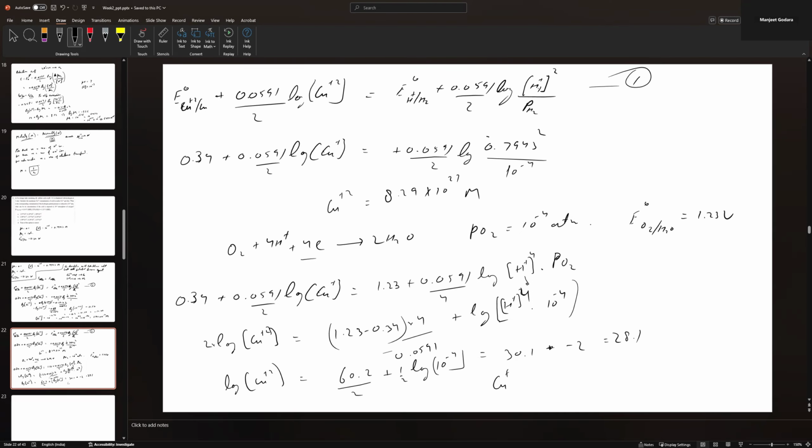So the copper 2+ ion concentration equals 10 to the power 28.1.